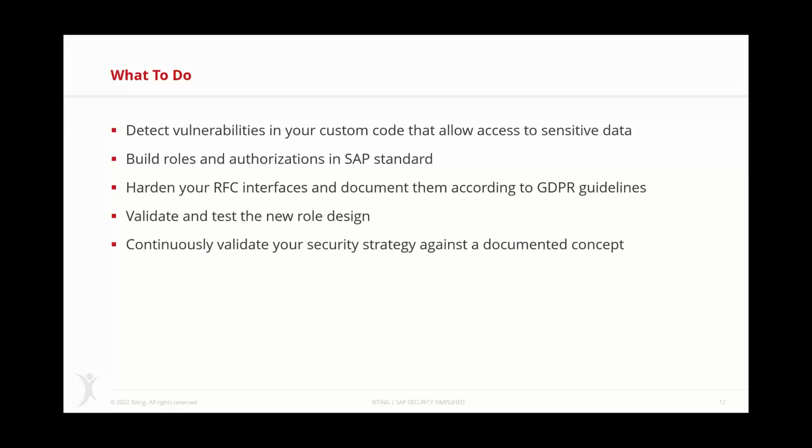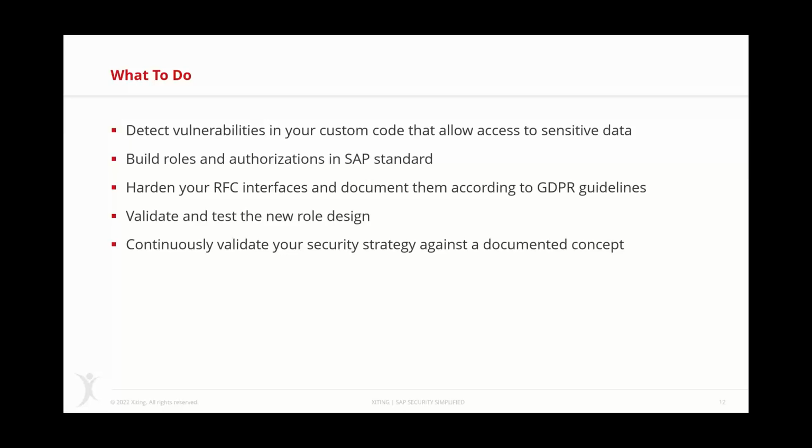The second most important thing, when it comes to roles and authorizations, as I mentioned, is the least privilege principle, but also documentation, to have use lists to see what is used by what. We want to make sure that all the roles and authorizations are built in SAP standard. I'll show an example in just a little bit of what I mean by SAP standard.